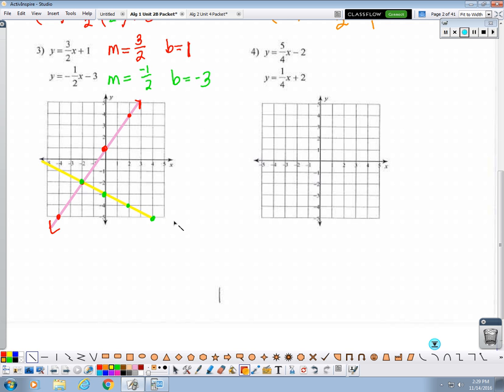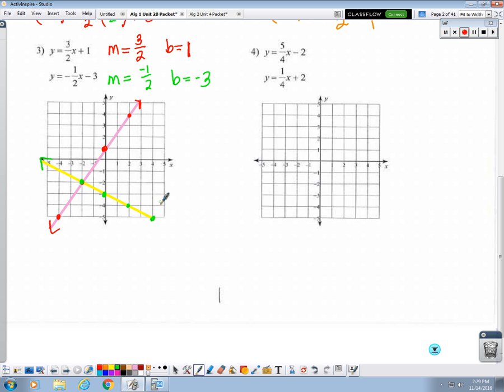Okay, the reason it's going down is because your slope was -1/2. It crosses the y-axis at -3 because the y-intercept was -3. And where did those two lines intersect? -2. Okay, so the x value of our solution is -2, and so is the y.